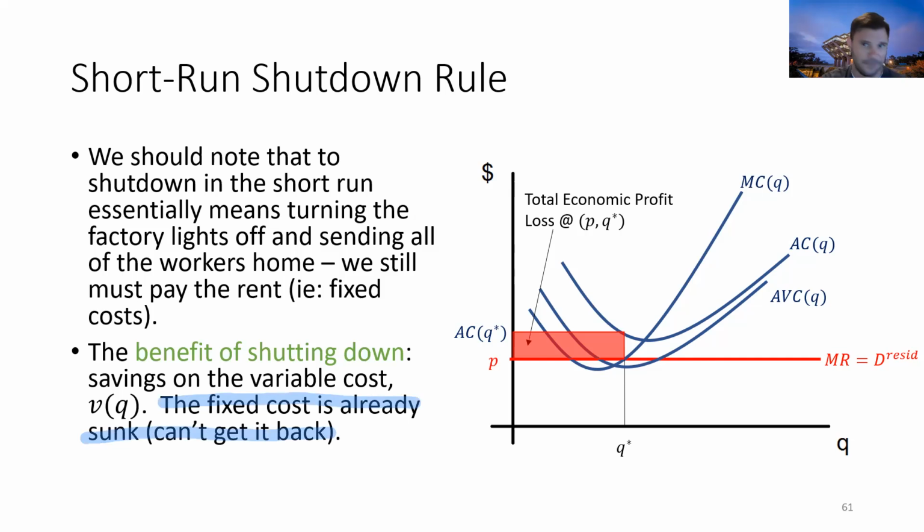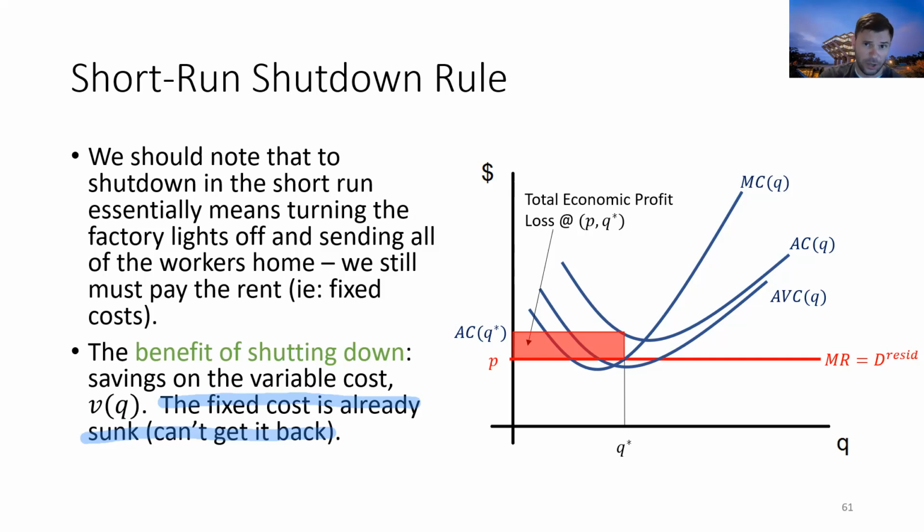So that's the benefit of shutting down. We save ourselves the variable cost. What is the downside of shutting down? What can't we capture anymore if we shut down? Yeah, Elise, I like what you're saying. Very astute. Very good.